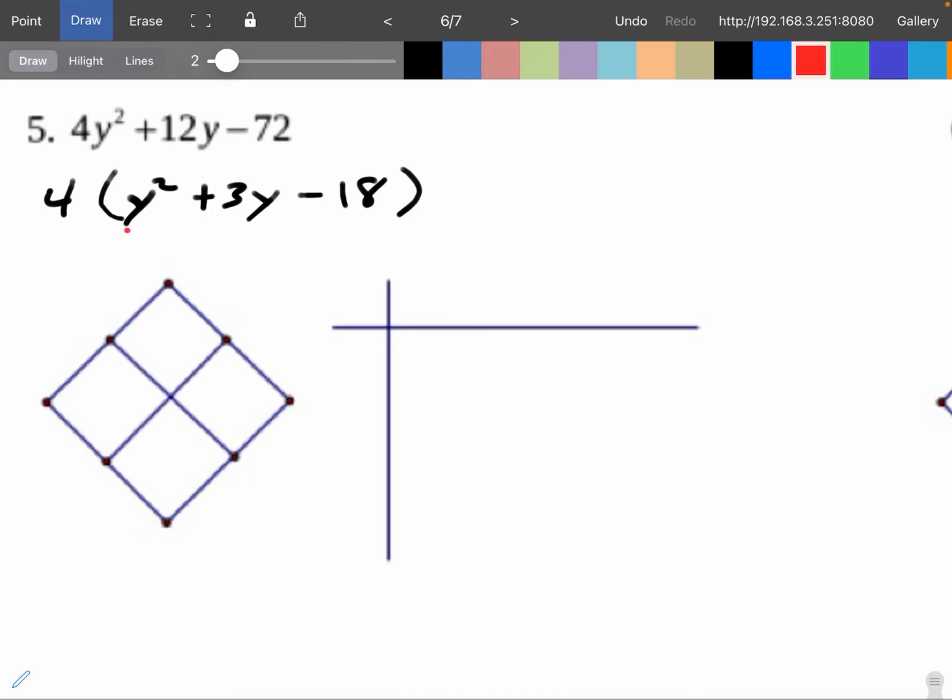All right. Same thing again. We got to break down what's inside these parentheses here. Again, that's going to be a 1 right there. So for this one, A is 1, B is 3, C is negative 18.